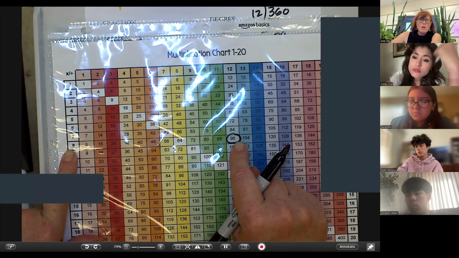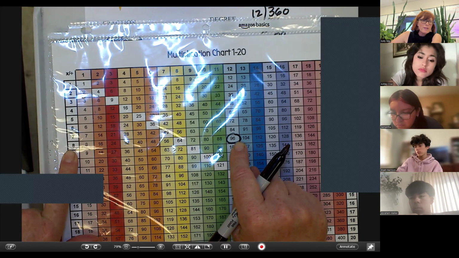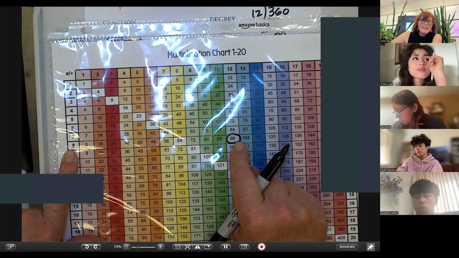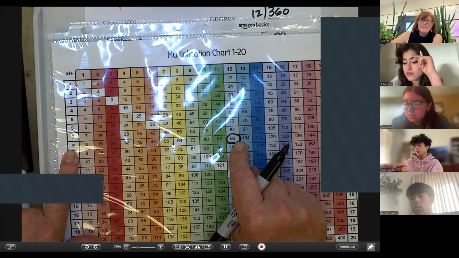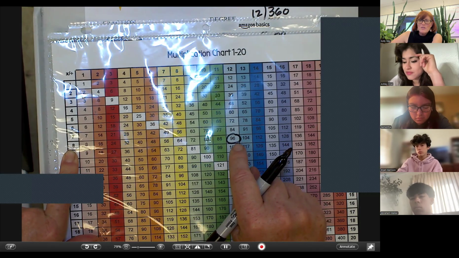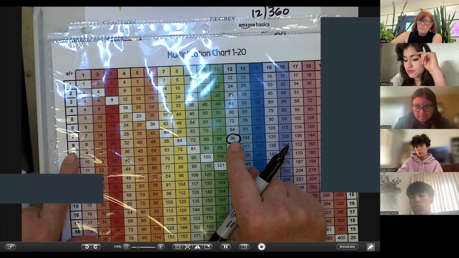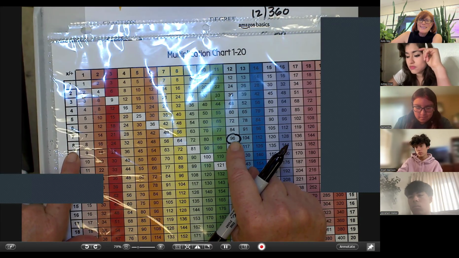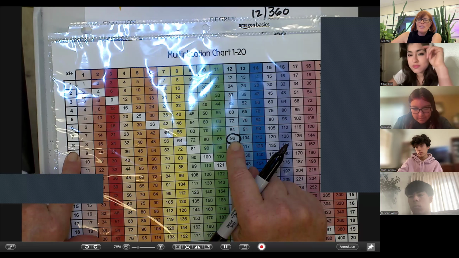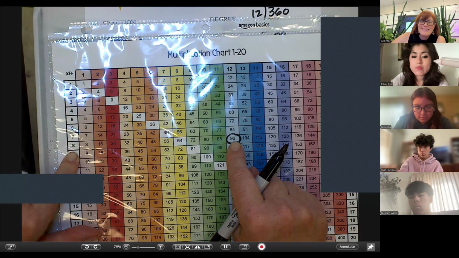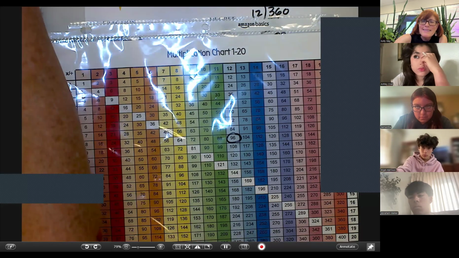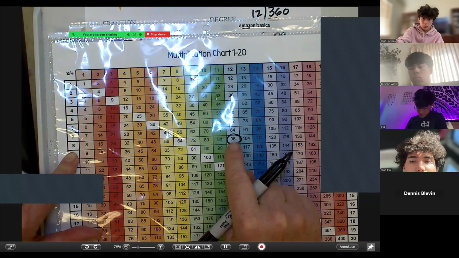What's the largest multiplication we can get into 12? 12 times what? Eli. 12 times what's going to get as close as possible? Can you see my screen, Eli? Dennis, can you see my screen?